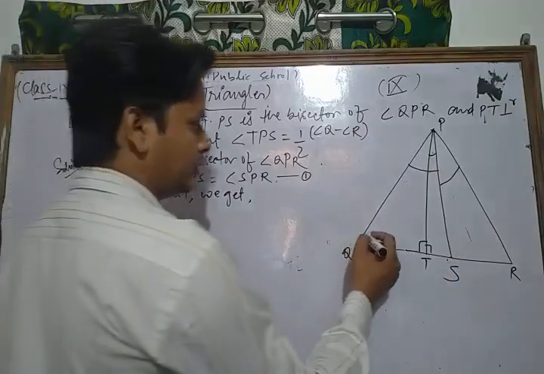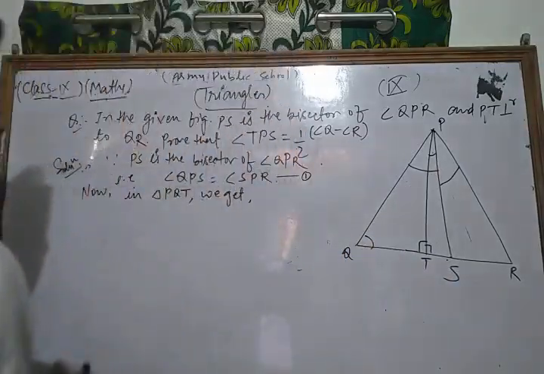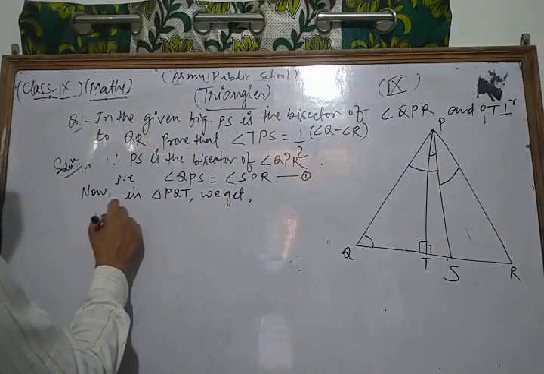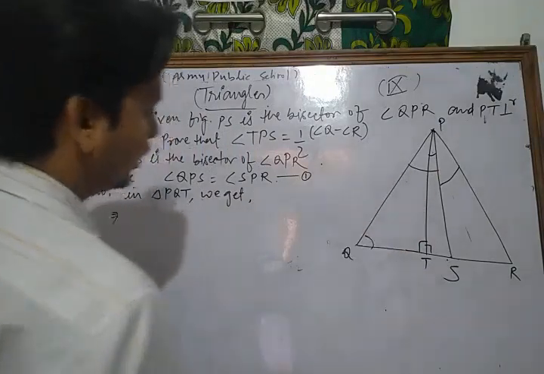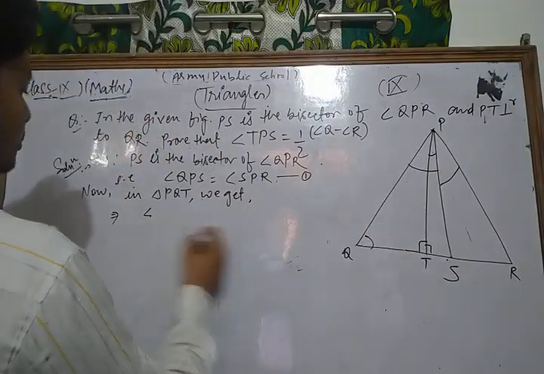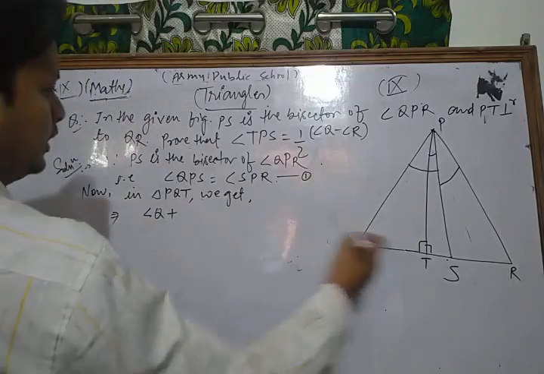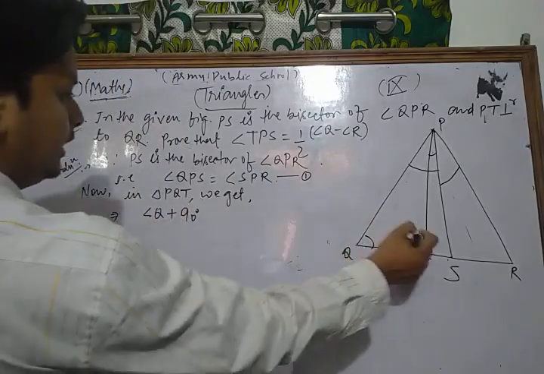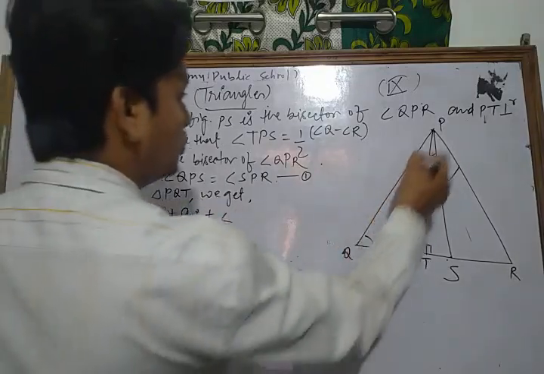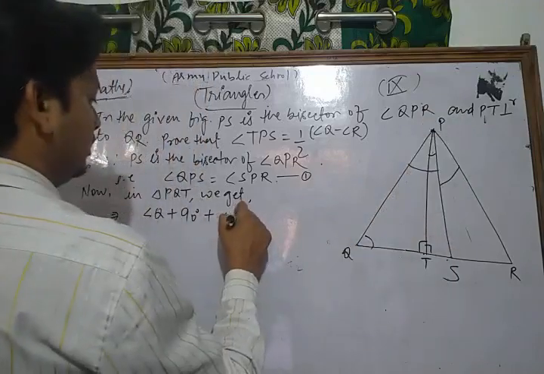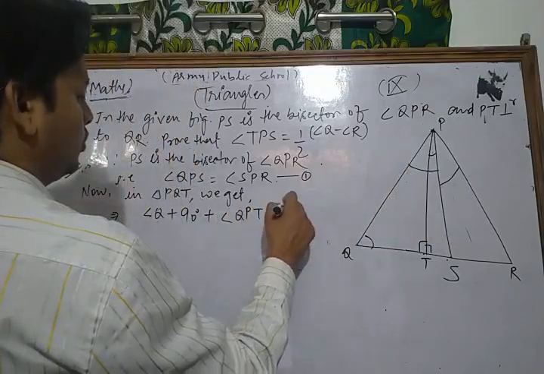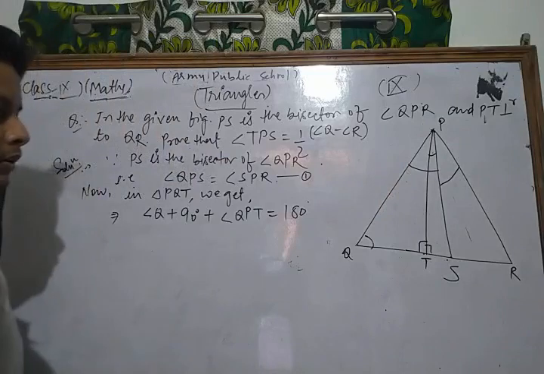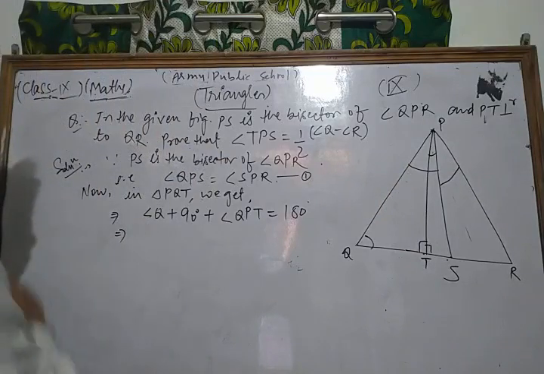We apply the angle sum property of the triangle: angle Q plus 90 degrees plus angle QPT is equal to 180 degrees.